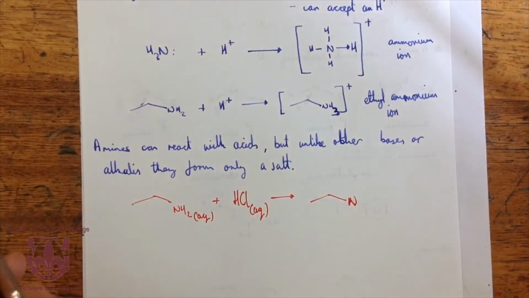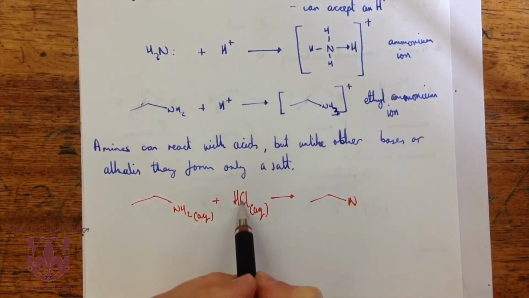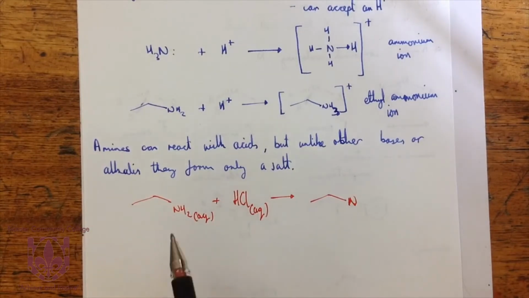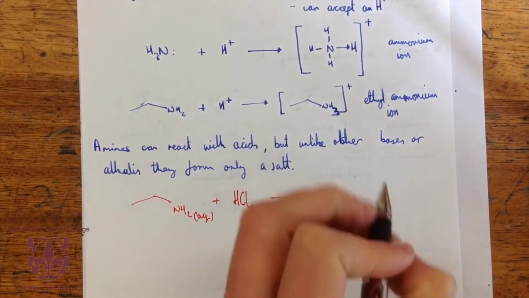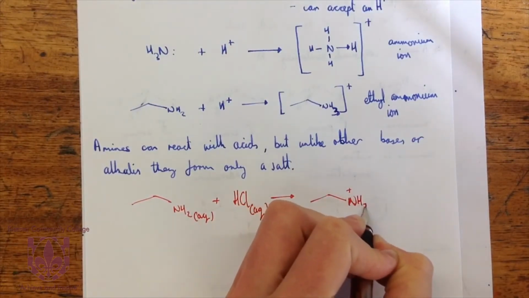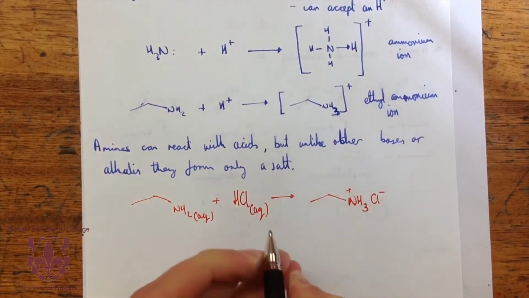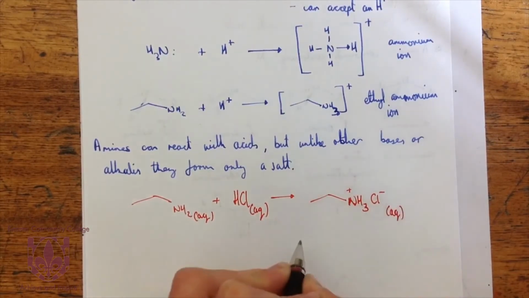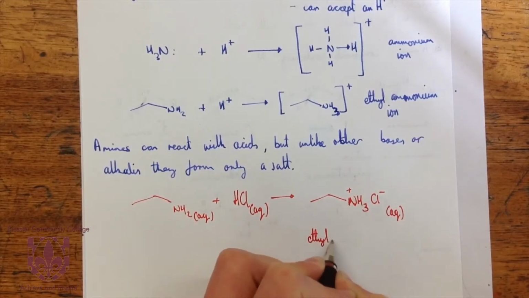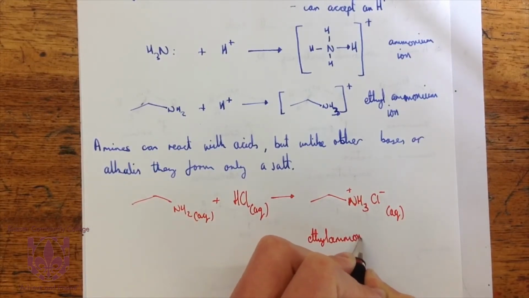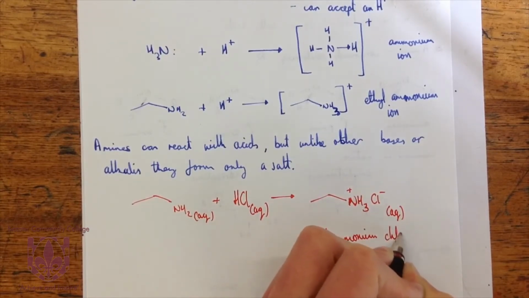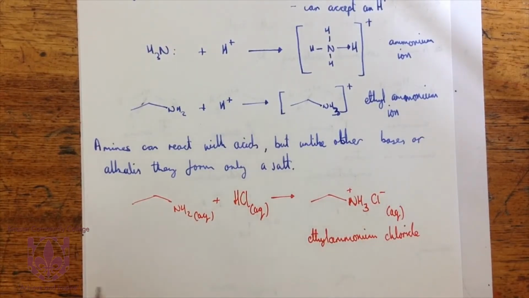Sorry about that. So imagine here we've got H plus. If that forms an NH3 plus ion, we've also got a Cl minus floating around in solution, and that's going to be attracted to that. So you get NH3 plus on the end, and then the Cl minus pairing up with that. And that is ethyl ammonium chloride. Then we'll have a look at another example with a different amine and a different acid.